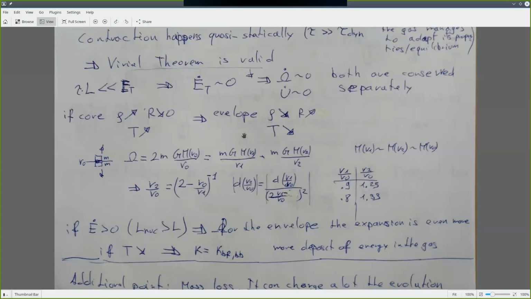That is because, having lost a lot of envelope, we can see better the internal shell where it is burning hydrogen.